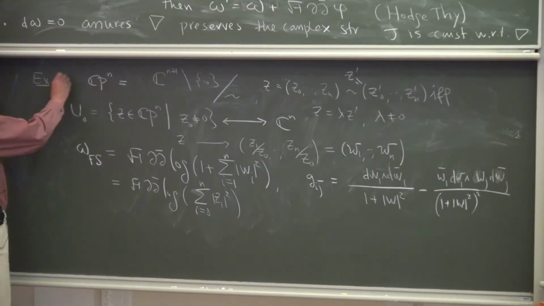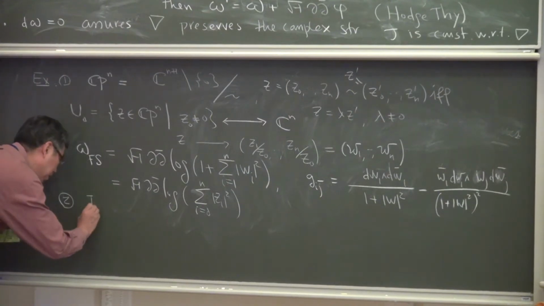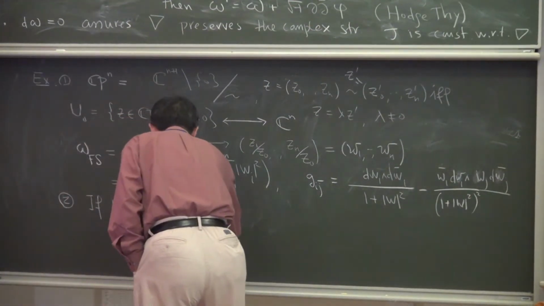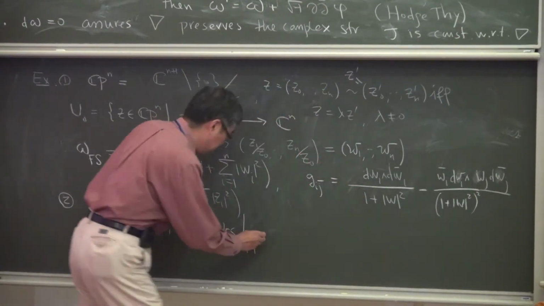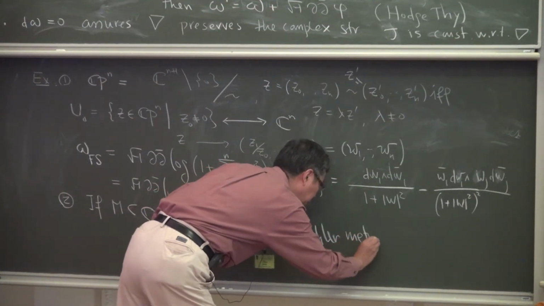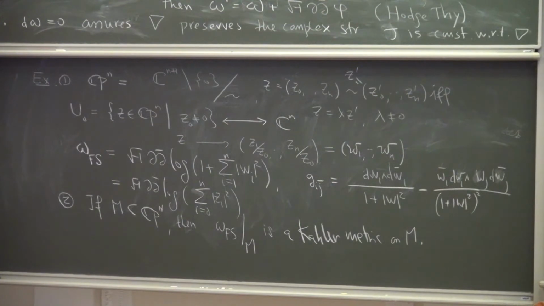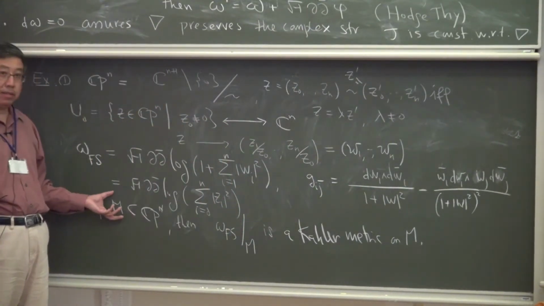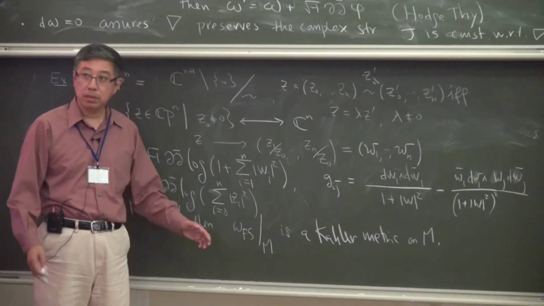So this is homogeneous, and this is the best Kähler metric. Secondly, if M is a complex submanifold, then omega FS restricted to M is a Kähler metric. So for example, you take any algebraic manifold, say the zeros of finitely many homogeneous polynomials, then you take the restriction, and you get a Kähler metric.